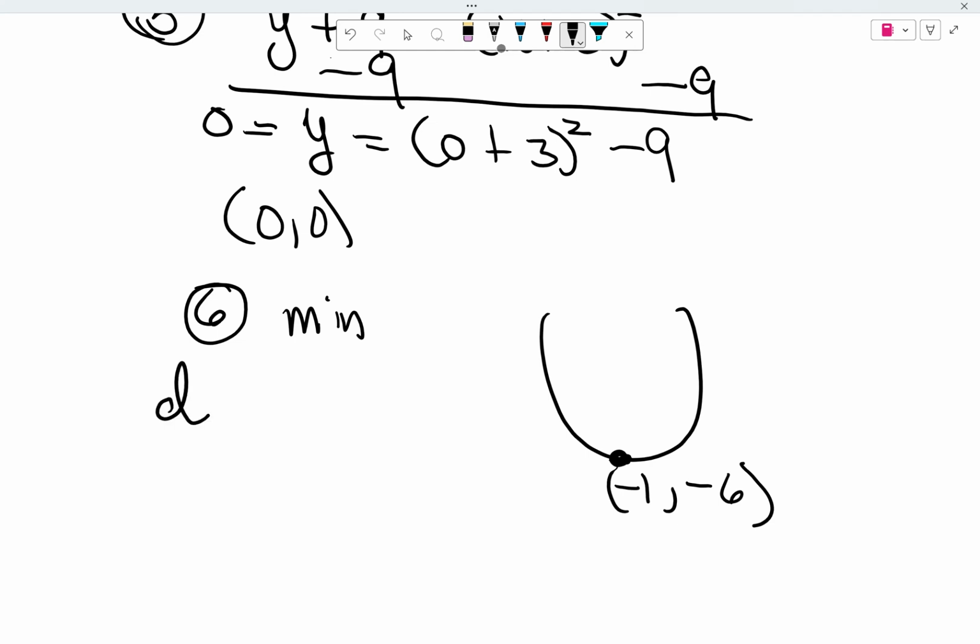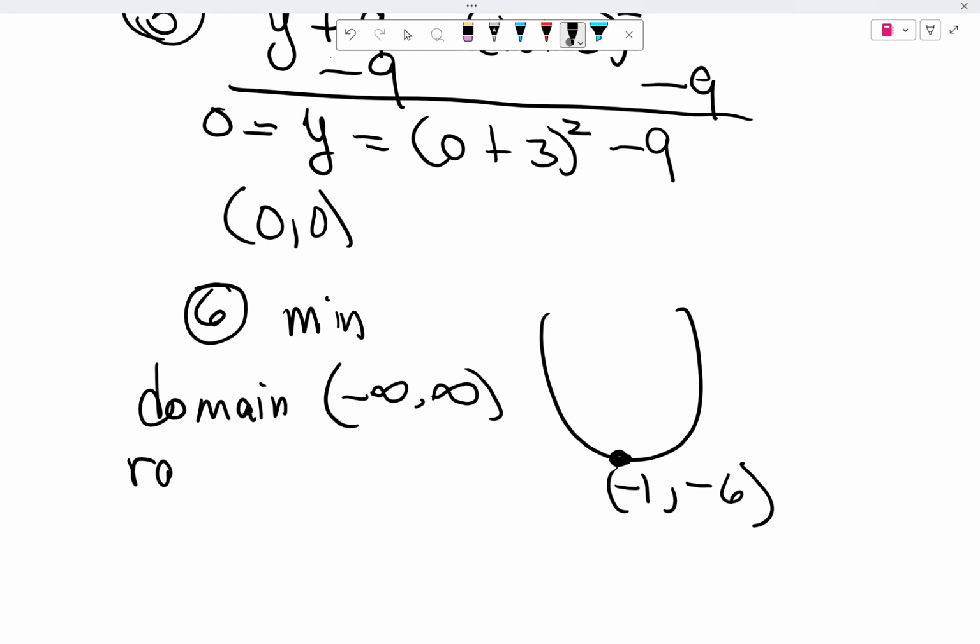So first of all, the domain for any quadratic, oh my God, that's horrible handwriting. Hang on. The domain is always negative infinity to infinity unless you're told that it's restricted. This is not restricted.